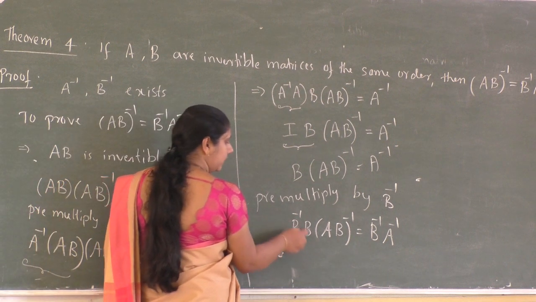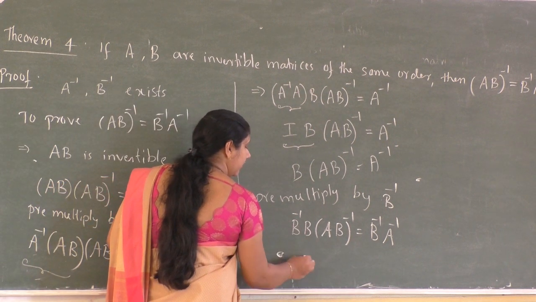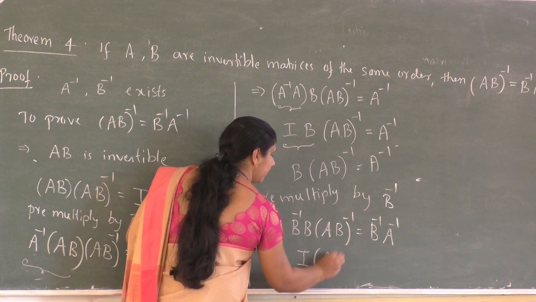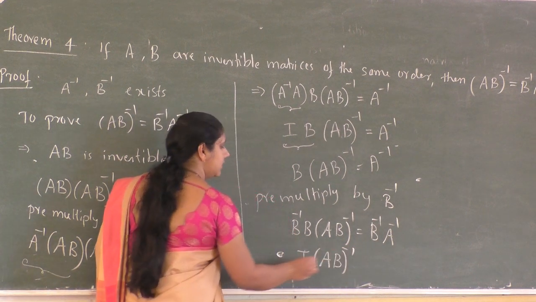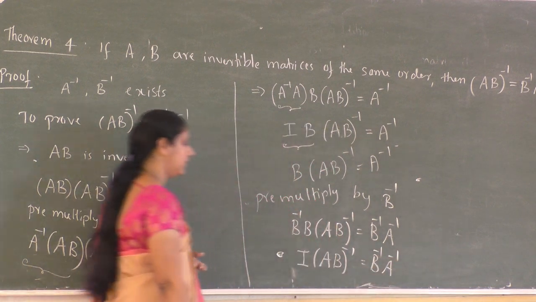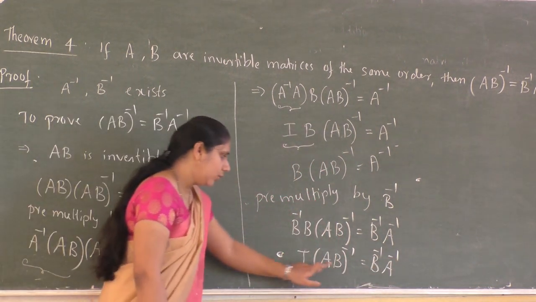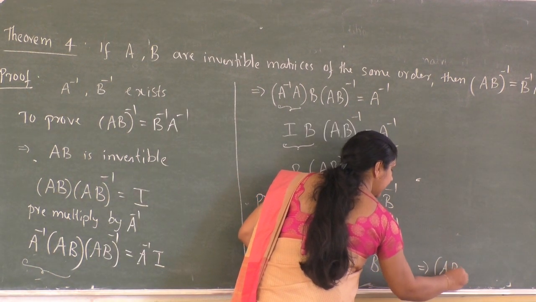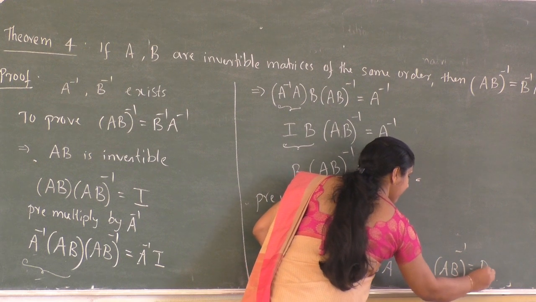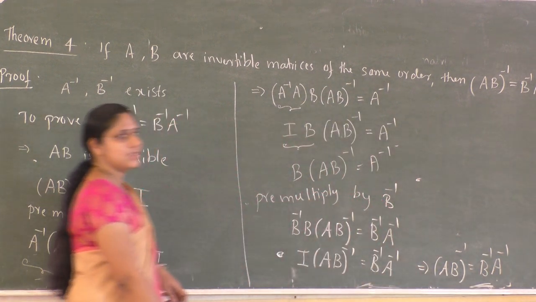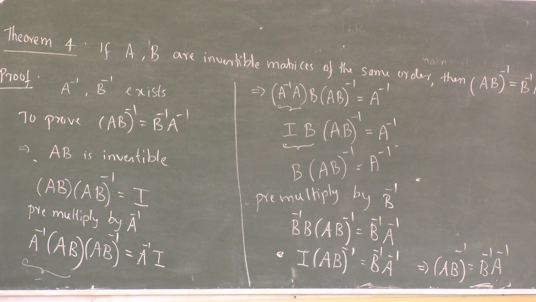Now this B inverse into B we can write as I, since B is invertible, so I into (AB) whole inverse is equal to B inverse into A inverse. Now I into any matrix is that matrix, so we get the condition (AB) whole inverse equal to B inverse into A inverse.